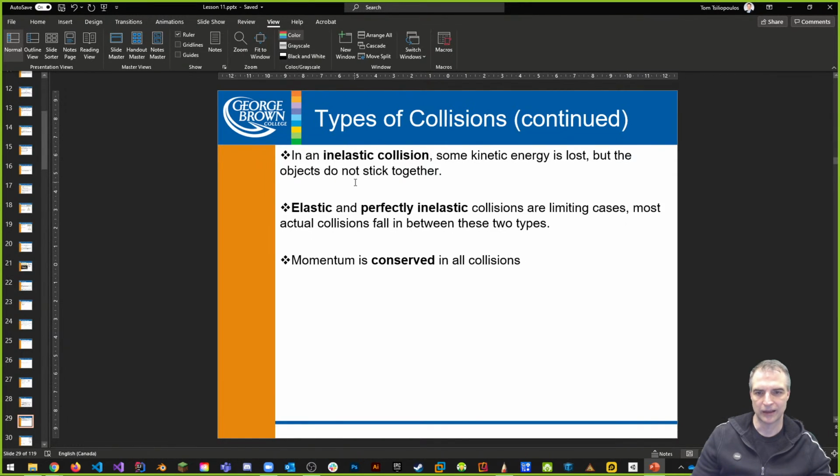We're just talking about an inelastic collision. When we say perfect, I'm saying infinitely, right? Elastic and perfectly inelastic collisions are limiting cases. Most actual collisions fall in between these two types, but momentum is always conserved in all types of collisions.